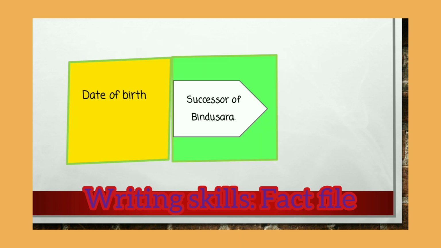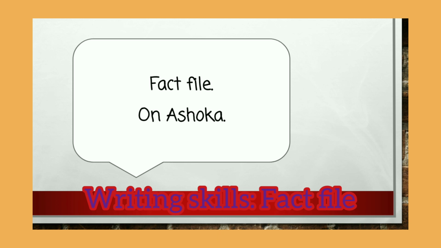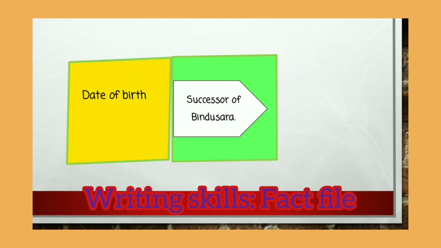Now, in order to prepare the fact file, what you need to know is this: date of birth. Date of birth of whose? Ashoka. So as I had shown you the image of page number 33, you need to read your text carefully and find this particular information.